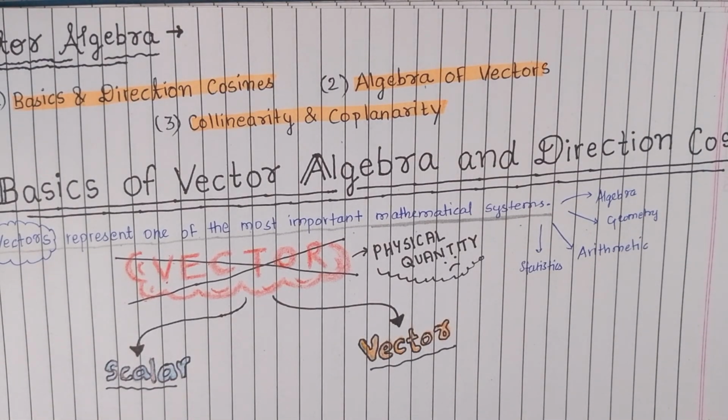So what do both quantities say? Scalar quantities are those quantities which have only magnitude, and vector quantities are those quantities which have magnitude as well as direction with them. It is a bit complex to understand what I'm saying, so let me write it here.